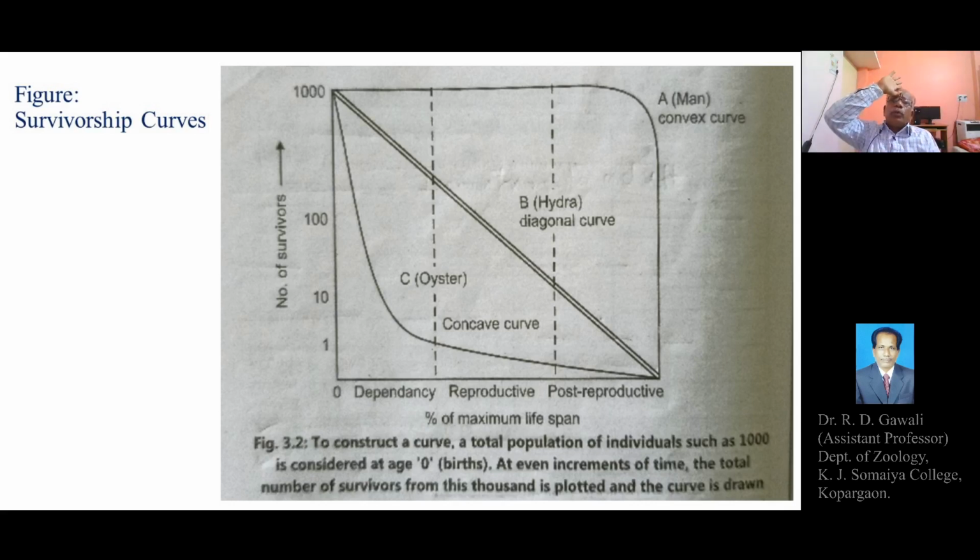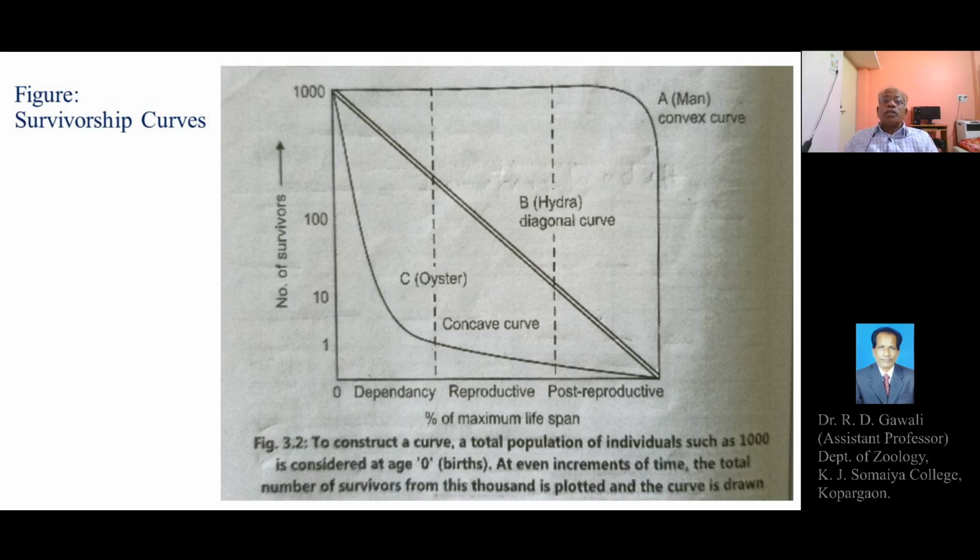So the majority of the individuals of the population die in the early phase of life or in the embryonic stage of life, and very few survive that can live for their potential lifespan and then die. And due to this only, the survivorship curves in these cases appear to be concave.